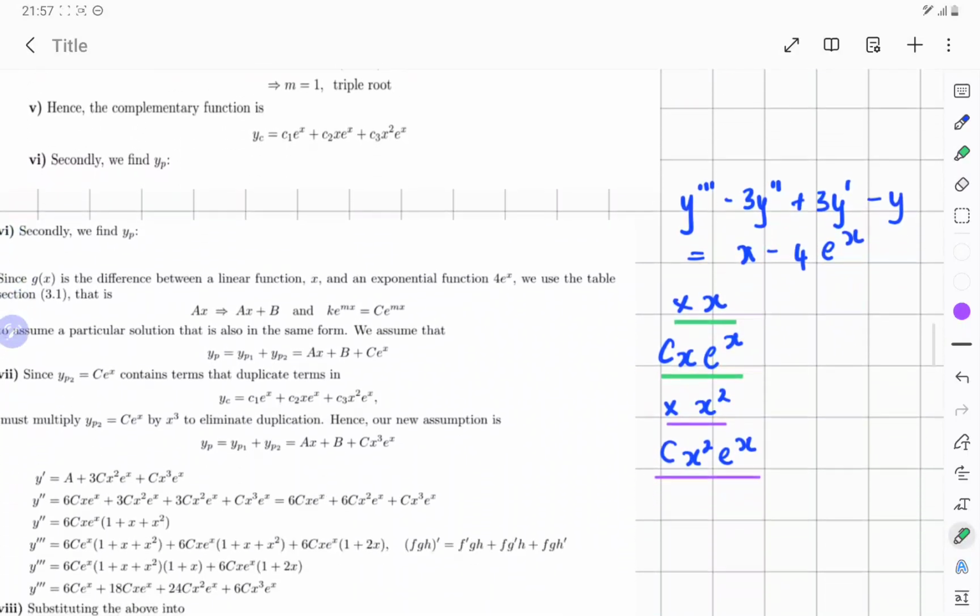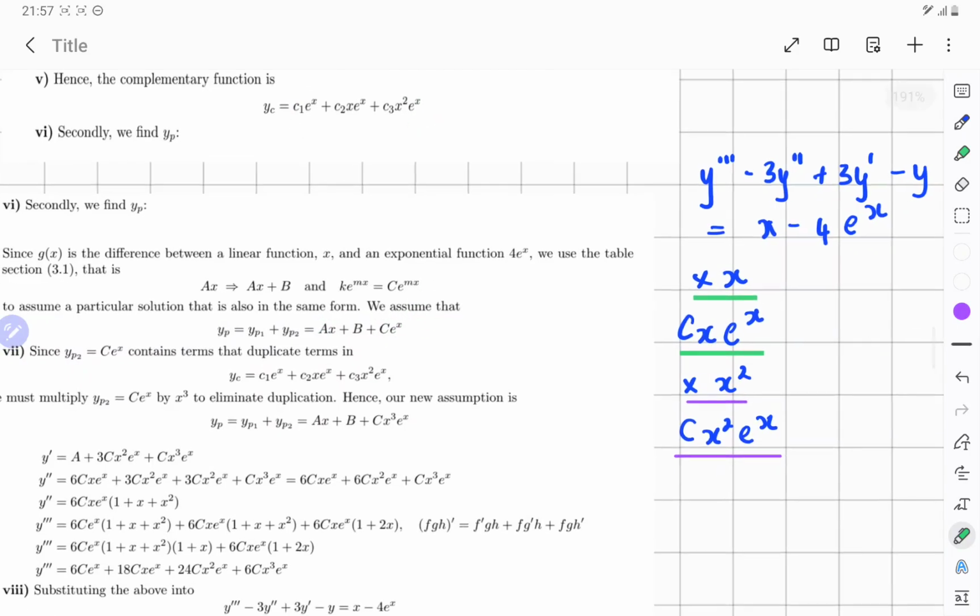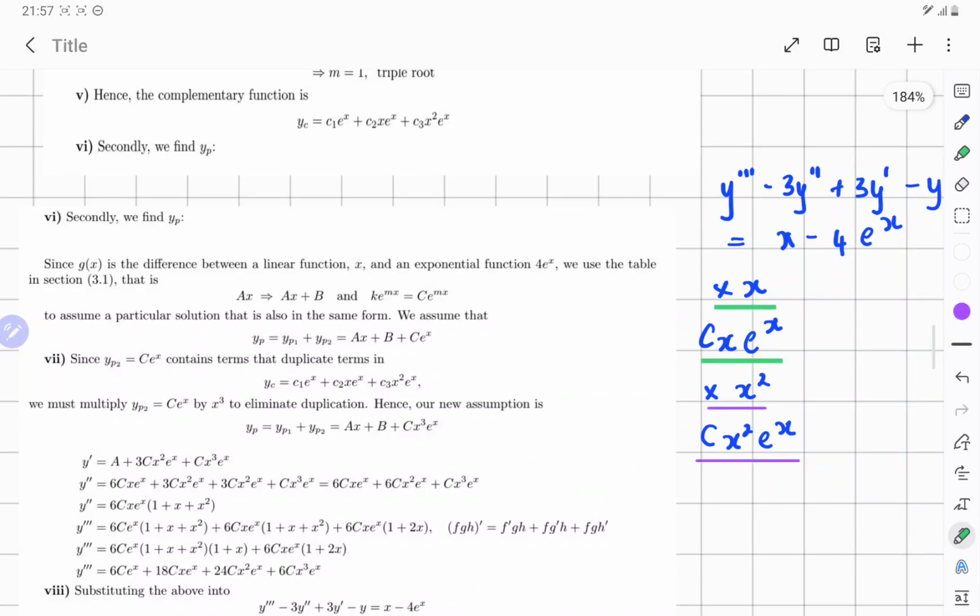So now remember, very important, I have to compare my particular solution to my complementary function to see which of the terms in the assumed particular solution is repeated in my complementary function. This term is not repeated here.